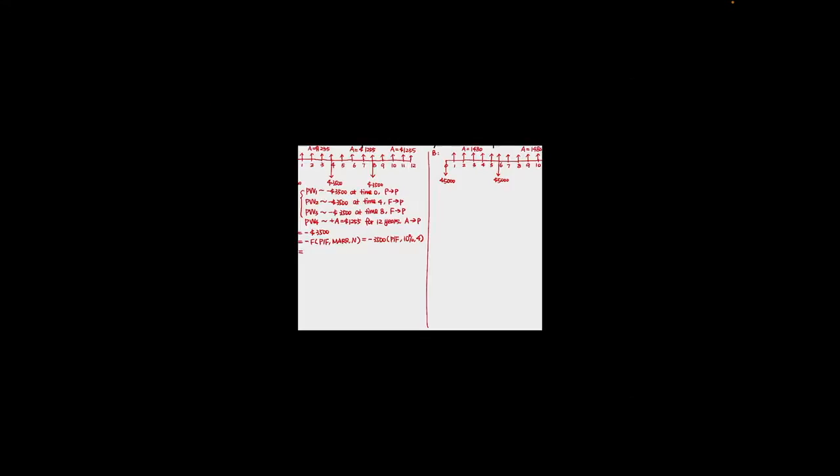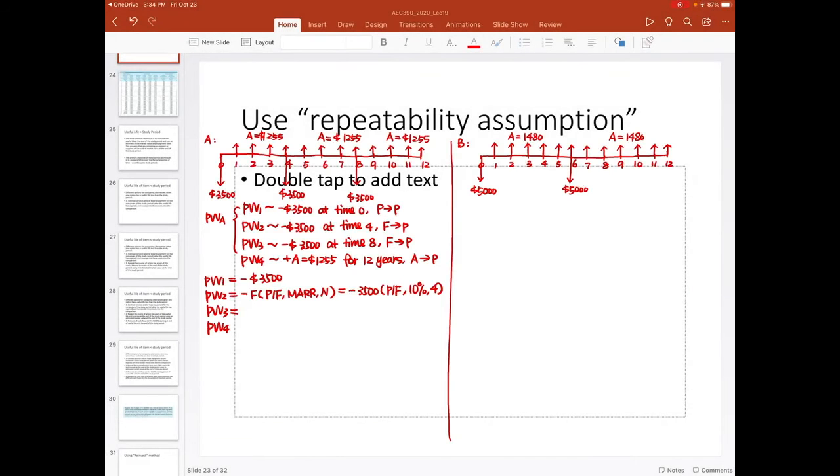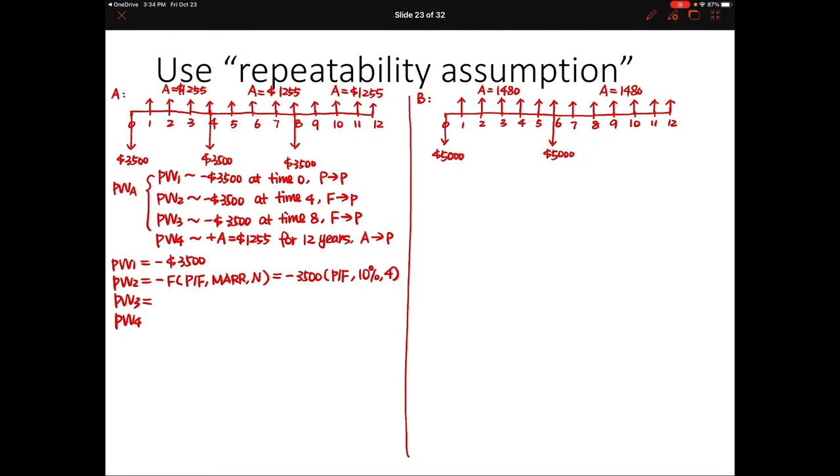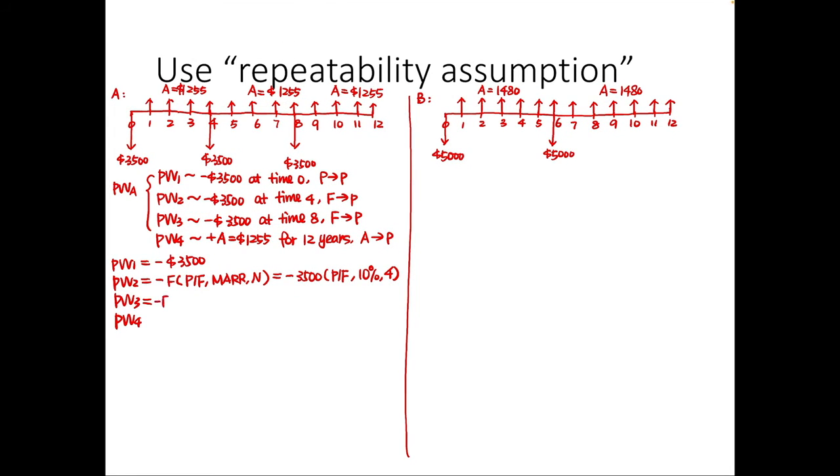Okay, I'll just write down the formula. PW3, still it's a future value converted to present worth, so the formula is the same. But the difference is the time, that how many years you want to consider is different. It's from the end of the 8th year. Okay, so the value of N is gonna be 8.